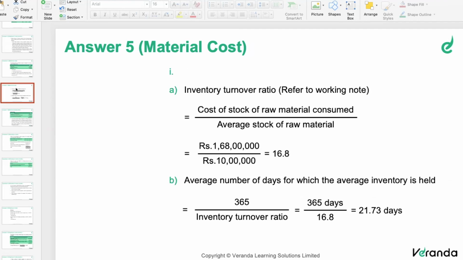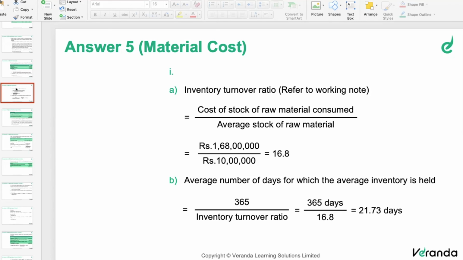How to compute the average stock level? Average stock level is opening stock plus closing stock by 2. Here you take raw material opening and closing and compute the simple average.